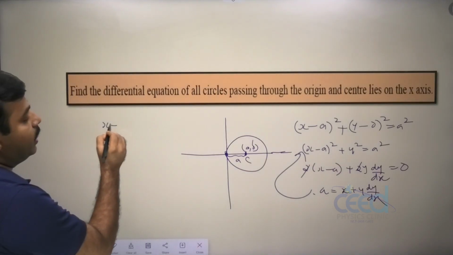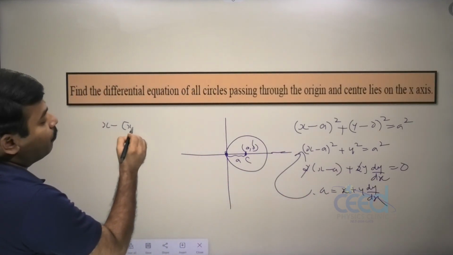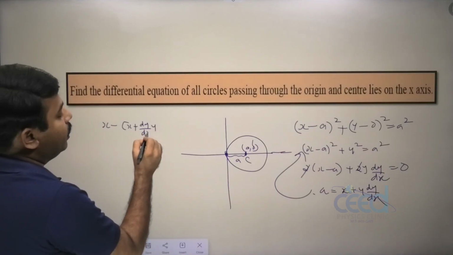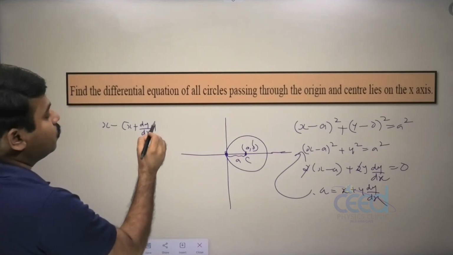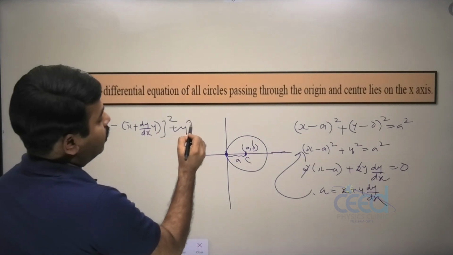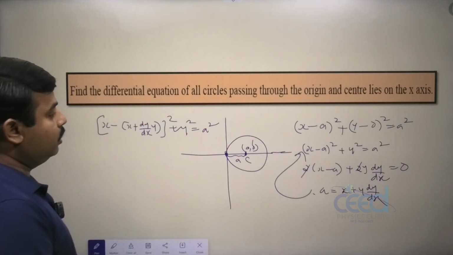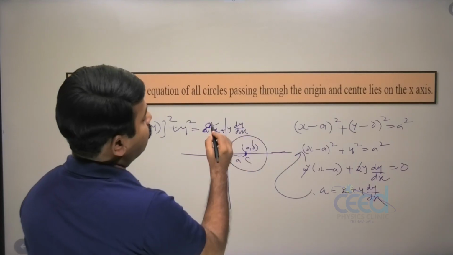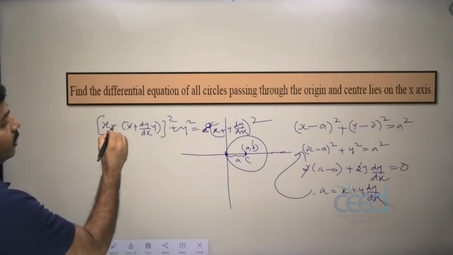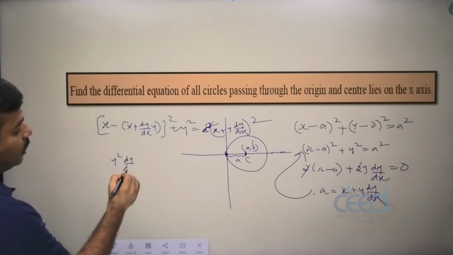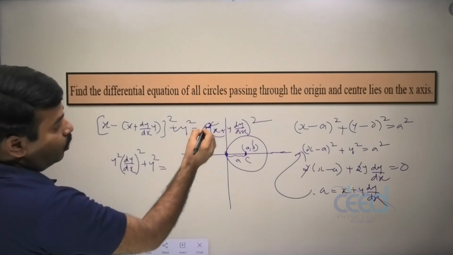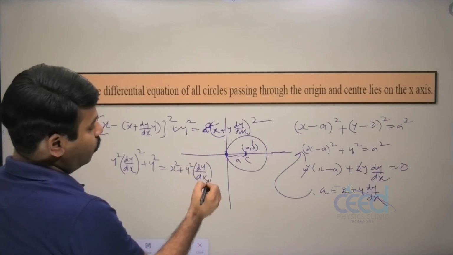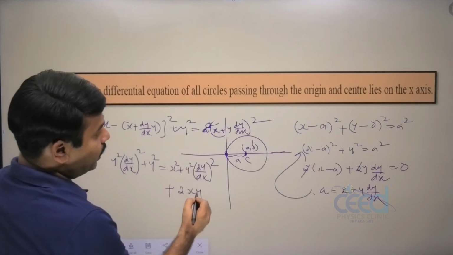That means x minus (x plus y dy by dx), the whole square, plus y square is equal to a square. The a value you again have to substitute on the right: x plus y dy by dx the whole square. Now x cancels, this minus, then y square dy by dx the whole square plus y square equals, expanding, x square plus y square dy by dx the whole square plus 2xy dy by dx.